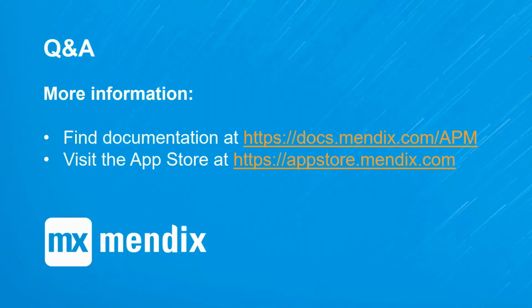So the next question is by Martin. Statistical data can be very useful but take up a lot of space. Can the statistical data be purged or archived by date and so on, or extracted for external analysis? I think this one's for Bart. Yes, the APM solution has for all the data what we call a cleanup functionality, so you can configure that your statistics are purged if they are older than a year.